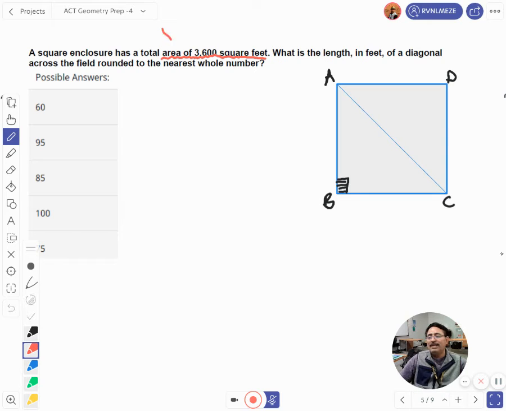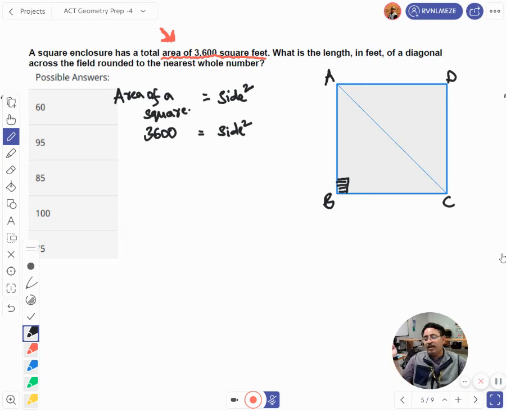So let's think of what is the area rule. You know, area of a square is side times side, or side square. So let me plug in the number here, which is 3600 square feet, which equals side square.